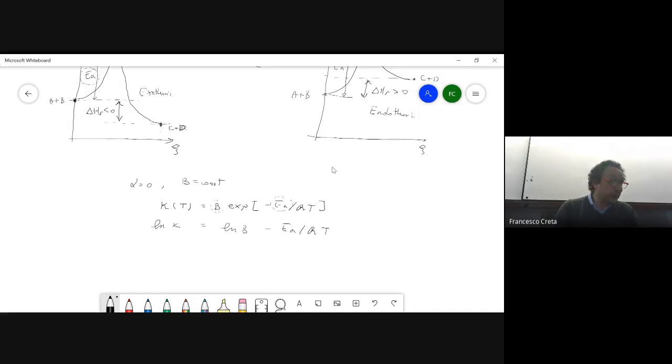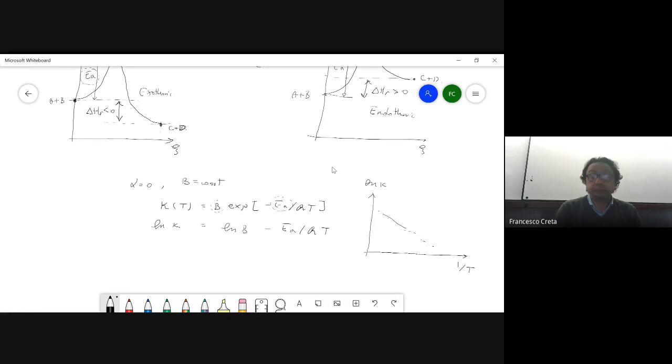Essentially, if you know the reaction rate and you can measure it experimentally, then you can correlate the experimental data, and you will have a series of points here. Because this is a line, this would be the logarithm of k.